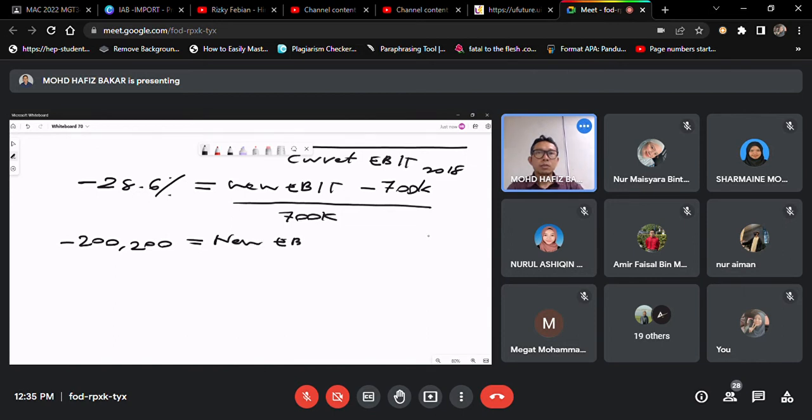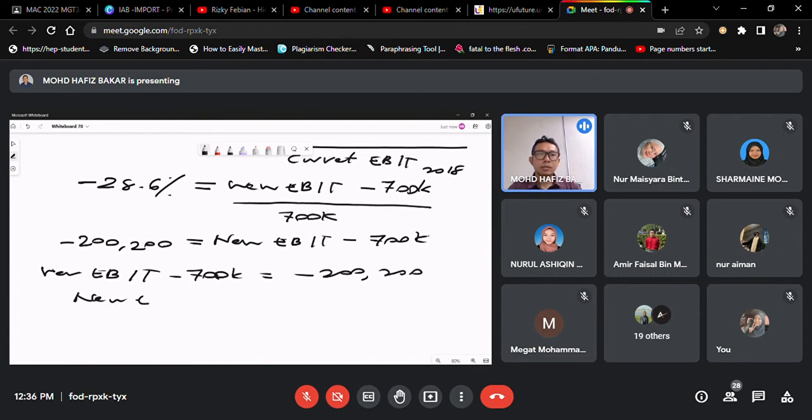New EBIT minus 700k. So kalau katakanlah kita tukar dekat depan, new EBIT minus 700k equals to negative 200,200. Okay, so kita nak tahu new EBIT. Negative 200,200 ringgit plus, kat sini kan negatif, bila kita pindah sini dia akan jadi tambah 700k.